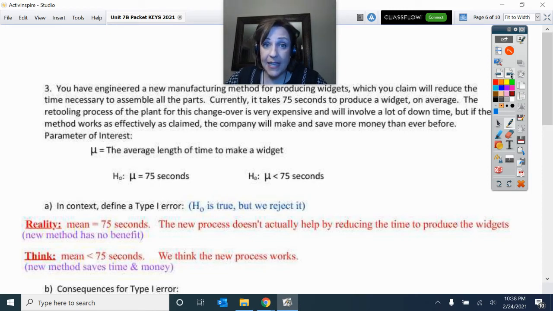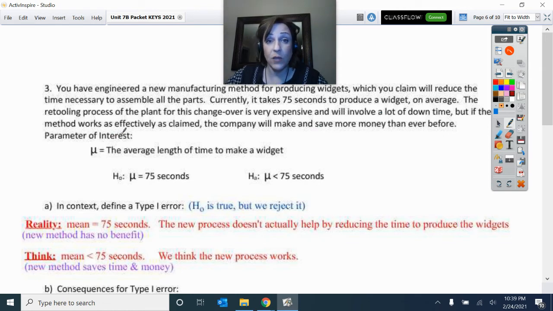But if we decide on a small scale that it works, then they will shut down the plant. It's actually quite expensive to retool the entire factory or the entire plant to change over. There's a lot of downtime, and so it's quite costly. But if this method is effective, then it will, in the long run, save the company money or make the company more money than ever before.